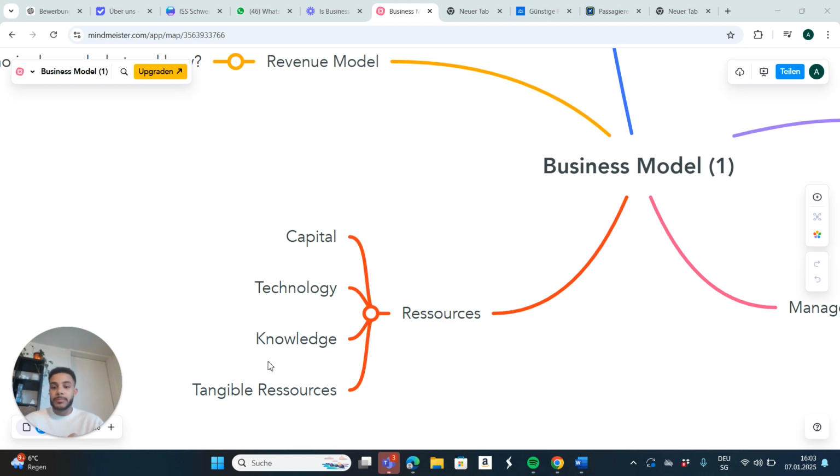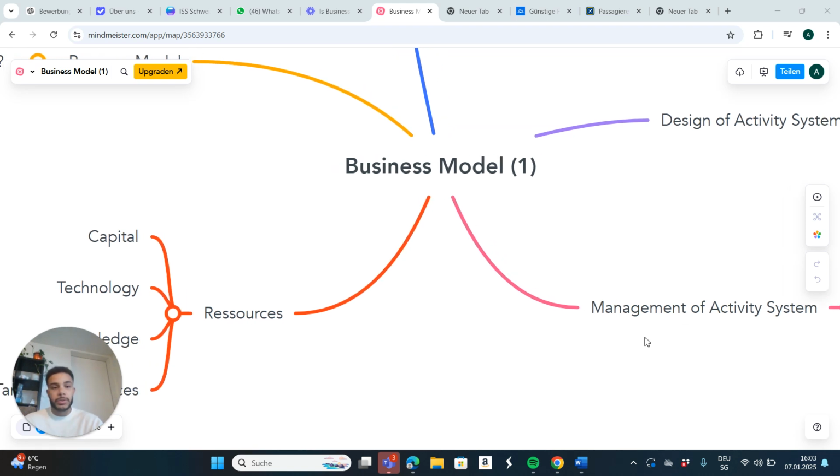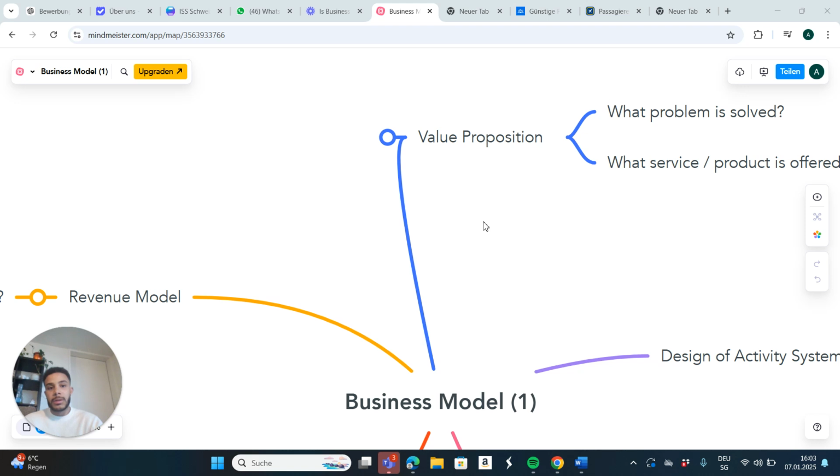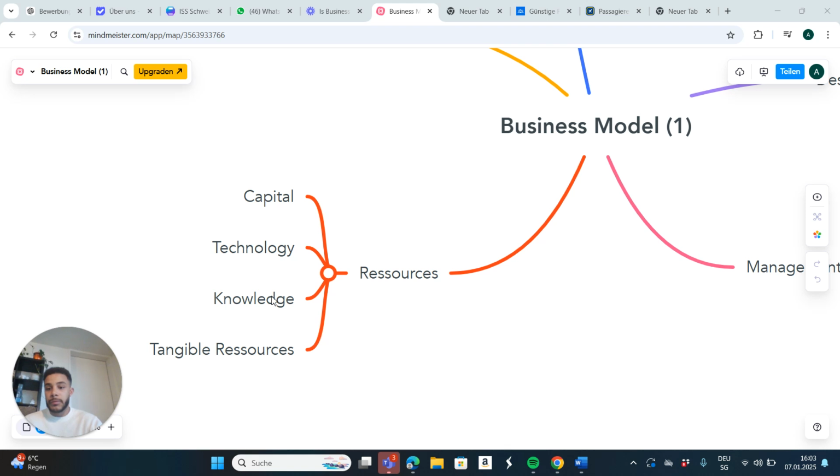So the recipe, also the leadership style, the management of your pizza shop, and the knowledge about your value proposition, about your customers. Don't forget them. You will have to count it into your resources that you need for the business model.